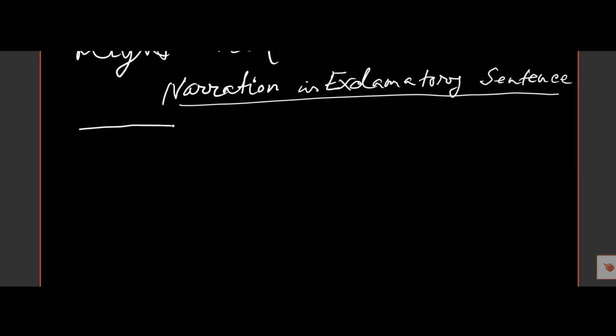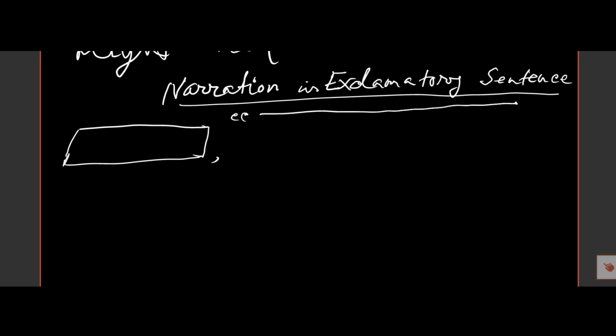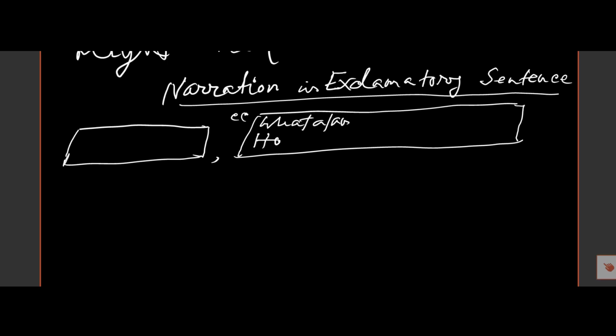We know an exclamatory sentence begins with two forms. One begins with what or how, and the other begins with an interjection. So the first one is what, or an, and the other is how.